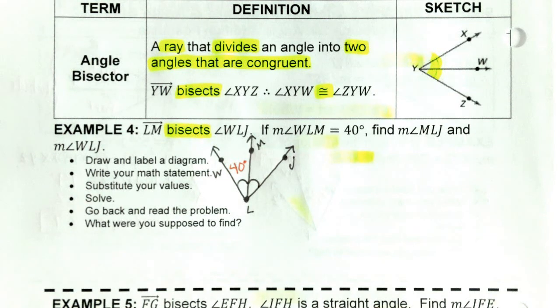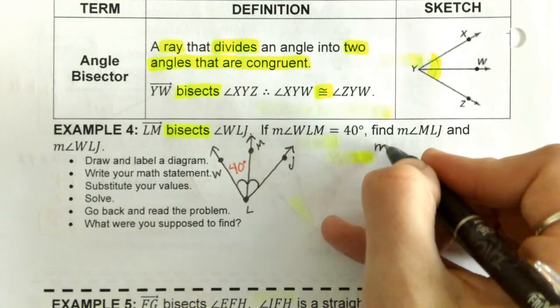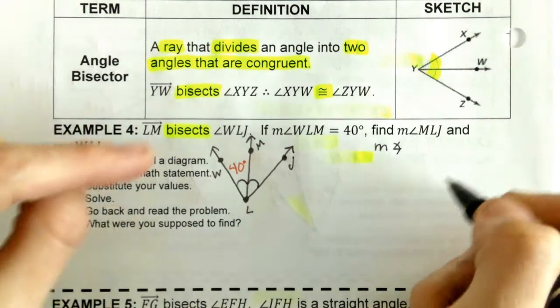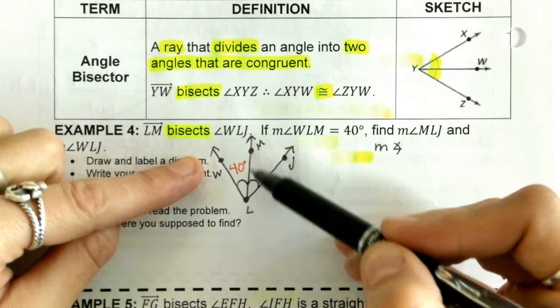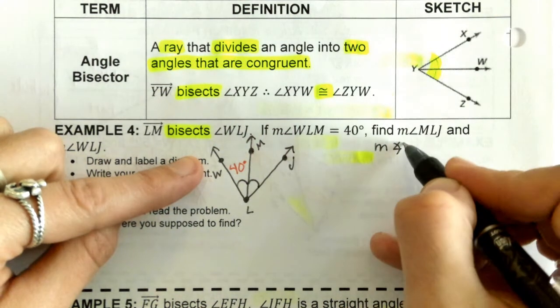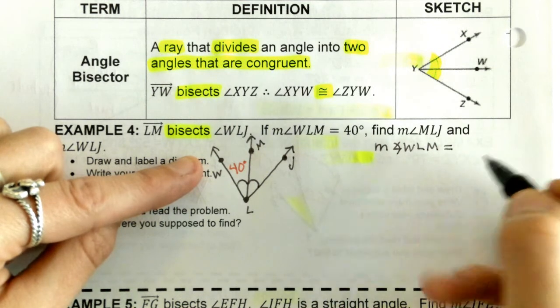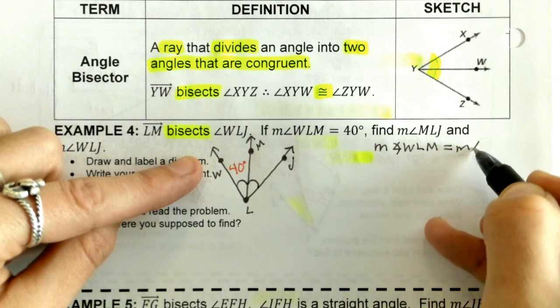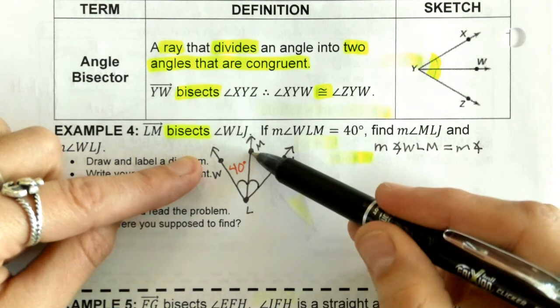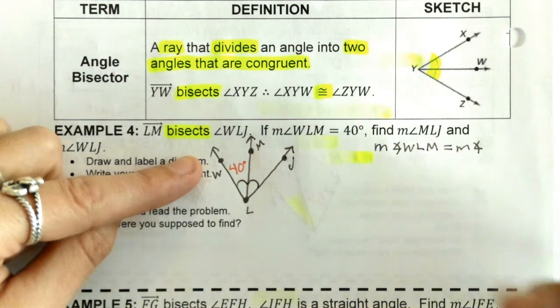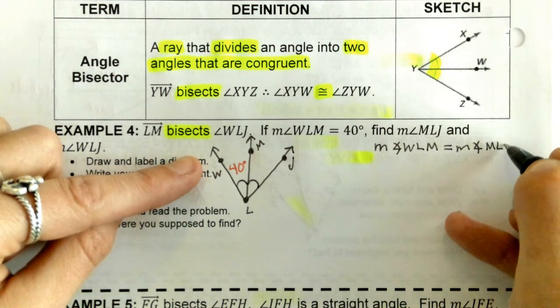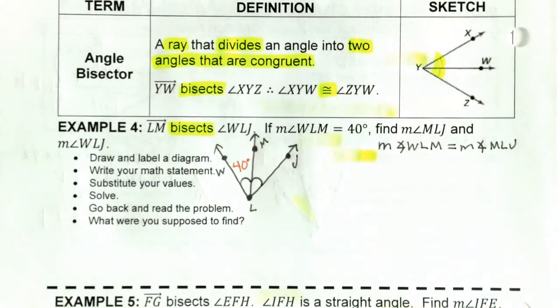We're going to write a little something in here, though. We want to remember that the measurement of angle WLM is equal to the measurement of angle MLJ. Why do I have an equal sign and not a congruent sign?